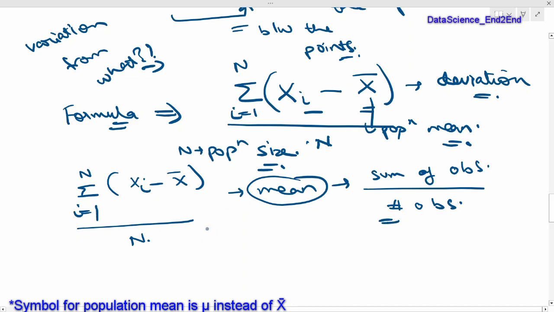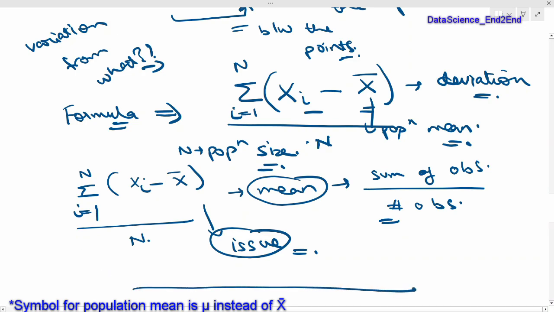But there is one important issue in this particular formula. Let me give you an example. Suppose the mean of our population is 10. Some points are here.